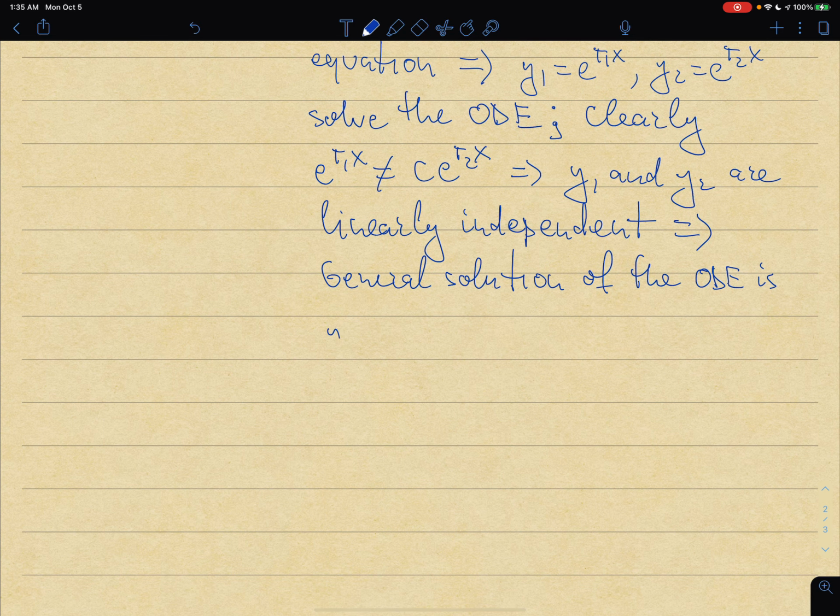So it is y of x equal to c1 y1 of x plus c2 y2 of x. y1 is e to the r1x plus c2 y2 is e to the r2x.